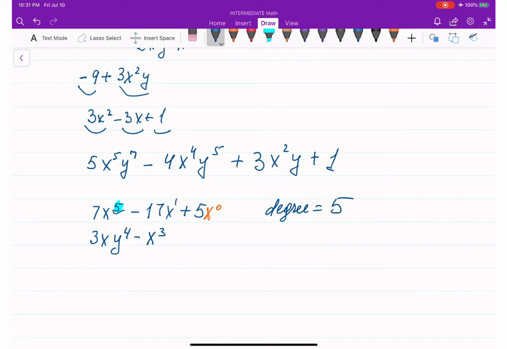So let's see. x has degree 1 and y has degree 4, which means the degree here will be 1 plus 4, 5. Here we have 3, so obviously the degree is going to be 5.